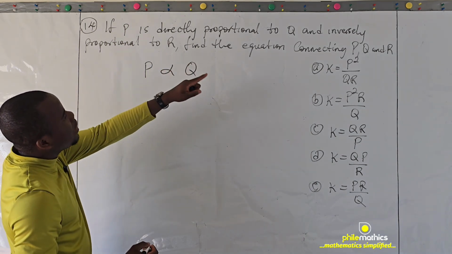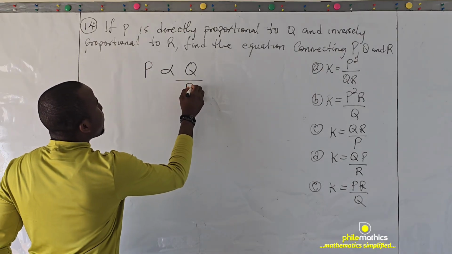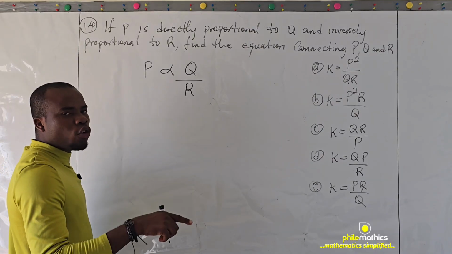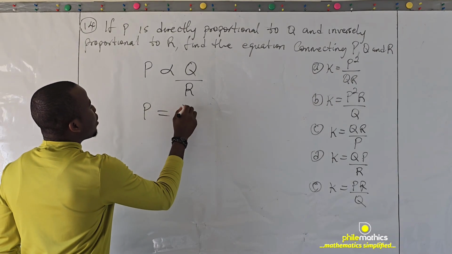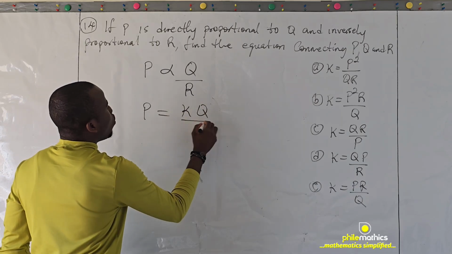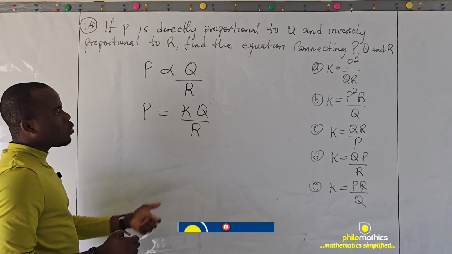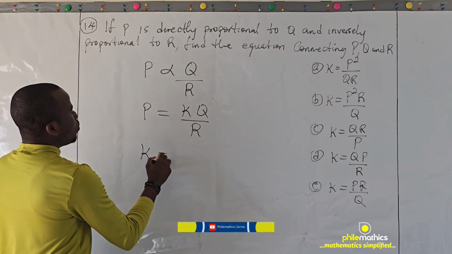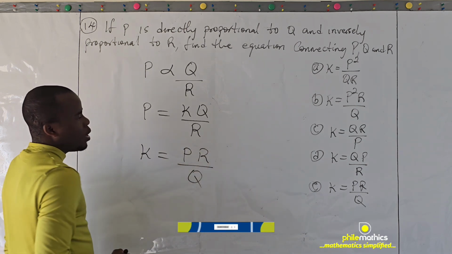And then is now inversely proportional to R. And so if we introduce the constant of proportionality, P will be KQ over R. And now if you make K the subject of formula, it will simply be K equals PR over Q. And that is E.